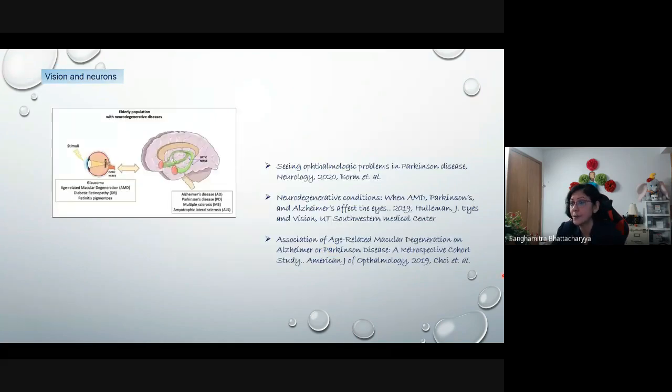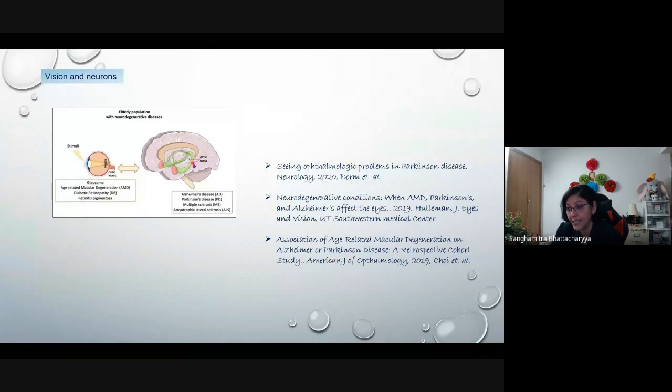Interestingly, there are several reports where vision loss has been connected to neural problems. A few recent reports have shown how ophthalmologic problems are associated with neurodegenerative conditions, mainly AMD connected to Alzheimer's and Parkinson's. So in this picture, we have a healthy eye that can go bad and present diseases like glaucoma, age-related macular degeneration, diabetic retinopathy, or retinitis pigmentosa.